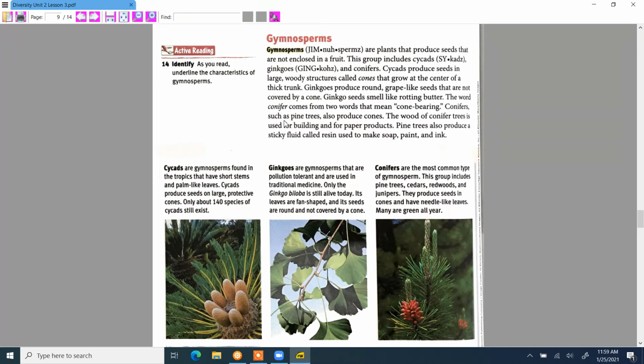The word conifer comes from two words that mean cone bearing, like C-O-N, cone. So conifers, such as pine trees, also produce cones. The wood of conifer trees is used for building and for paper products. They also produce a sticky fluid called resin used to make soap, paint, and ink.